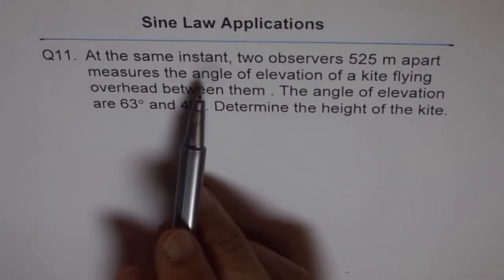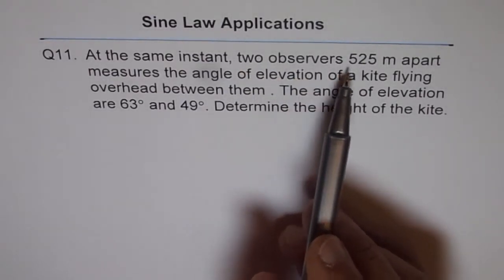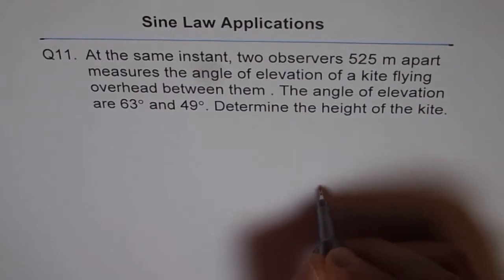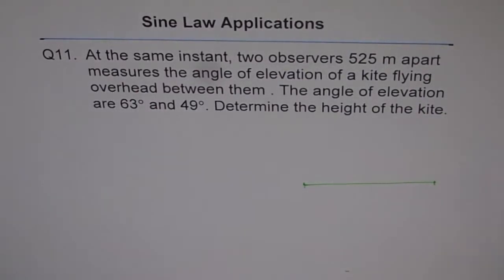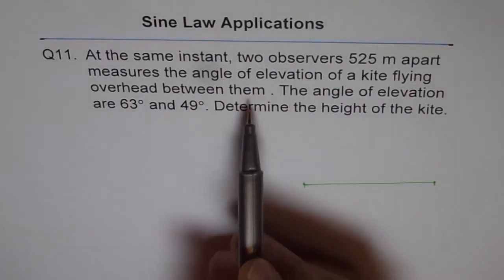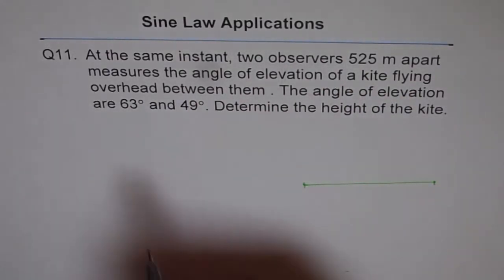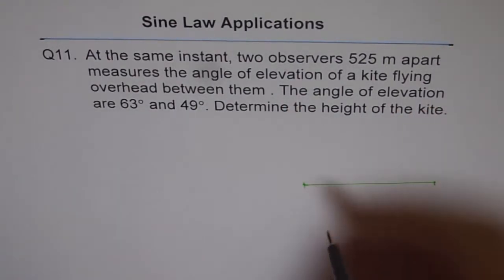At the same instant, that means there are two observers at the same time. Two observers 525 meters apart. So let's make this, these are my two observers. They measure the angle of elevation of a kite flying overhead between them. So the kite is somewhere in between, right? The angles of elevation are 63 and 49.